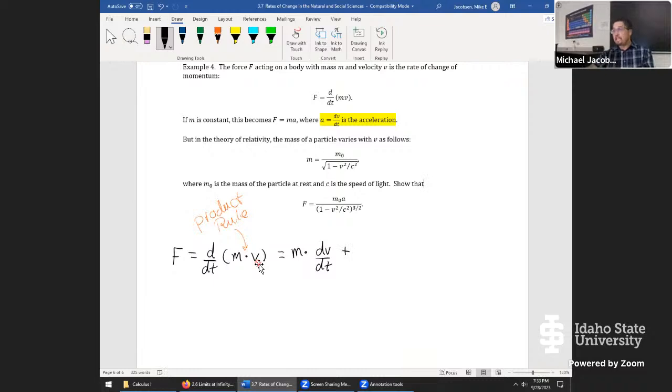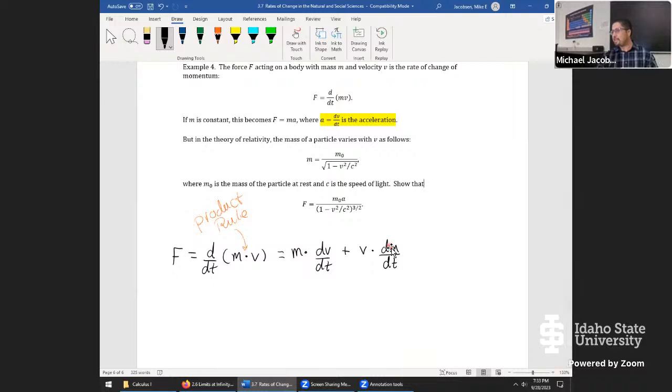Now this time I have to copy the other function. So I'll copy the velocity function v and differentiate the mass function. This will be dm/dt. So ordinary product rule, copy one, differentiate the other, copy the other, and differentiate the first one. Does that look all right to folks on that setup there?